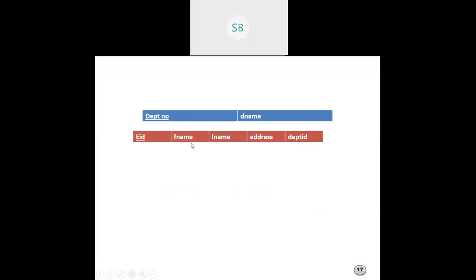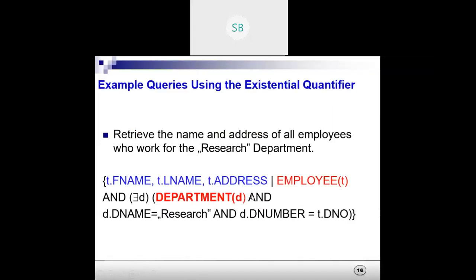You are finding the first name, last name and address from employee of T, from this employee table. Such that there exists a variable D, and D belongs to the department table. And D dot name equal to research and D dot number equal to T dot DNO.